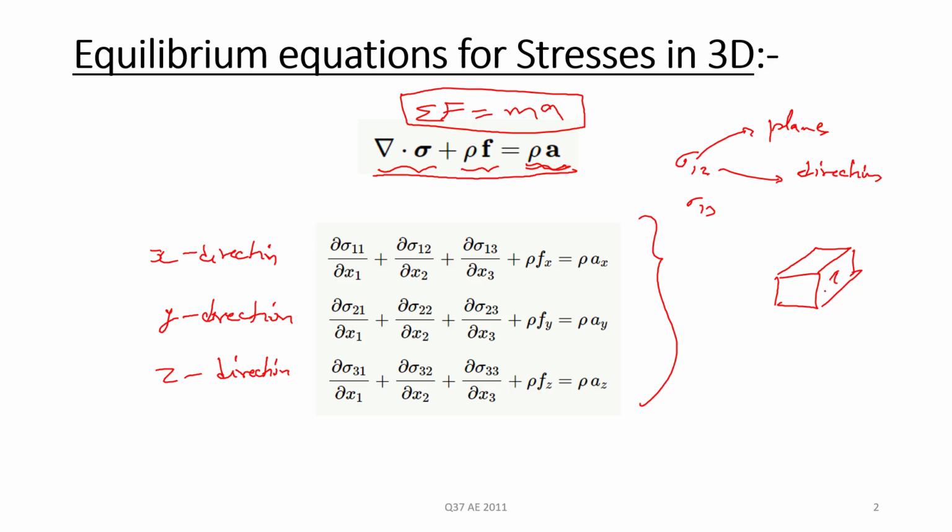This plane is called 1, this is 2, this is 3. So whatever is in this direction is x1, this is x2, and this is x3. So sigma 11 is the normal stress on plane 1. Similarly for the rest of the stresses.